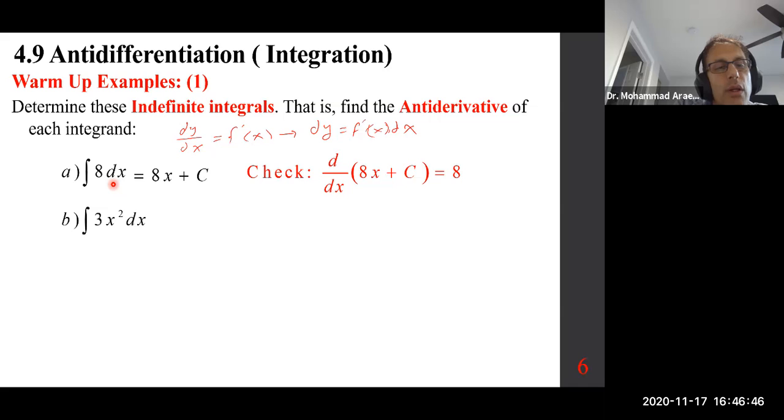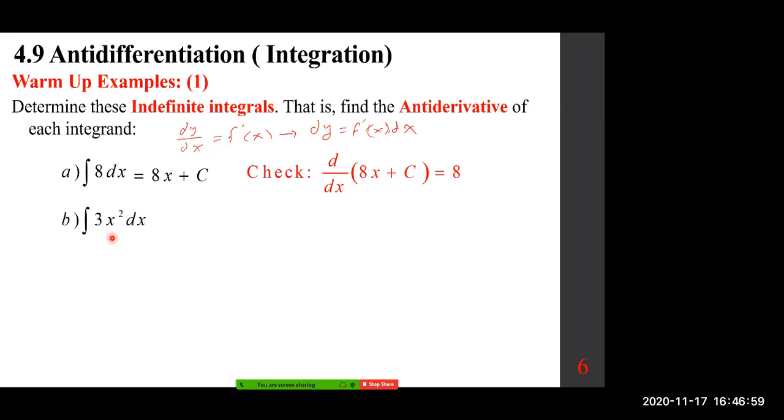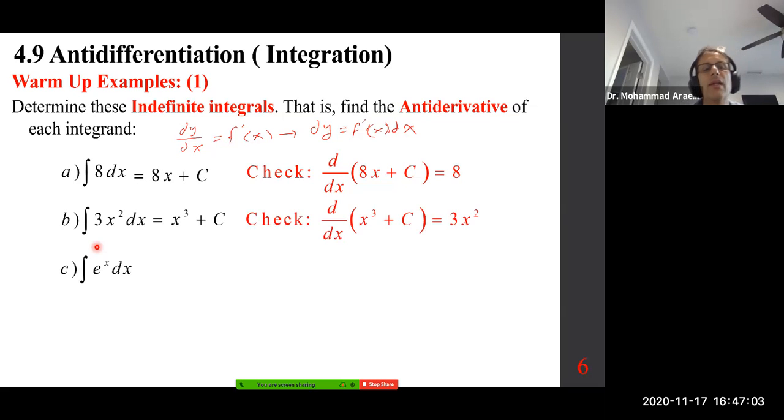Now, how about this one here? Can anybody tell me what function we need to differentiate to get 3x squared? Anyone? x cubed. Beautiful. x cubed plus a constant, and you can check by differentiating the right side.